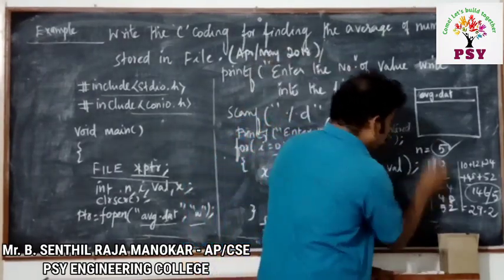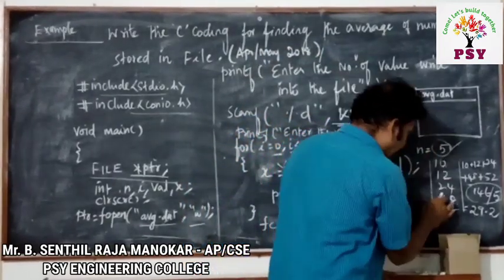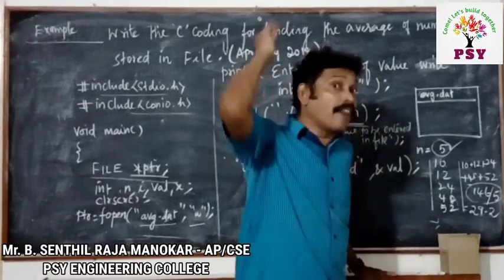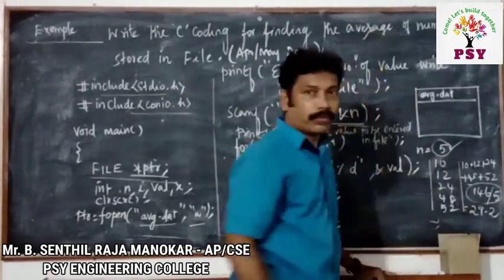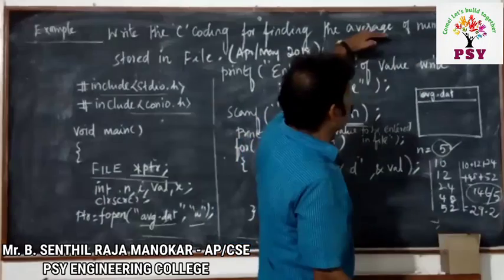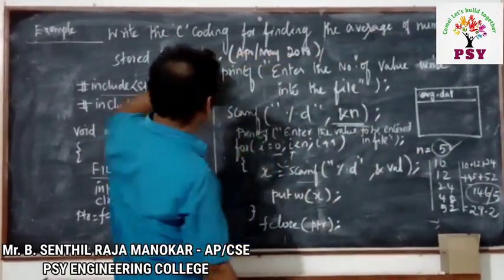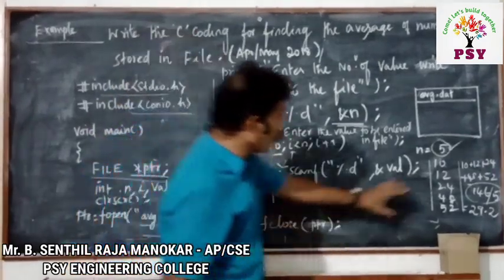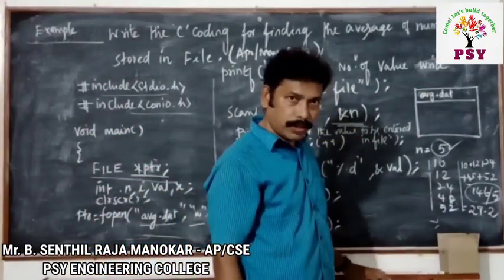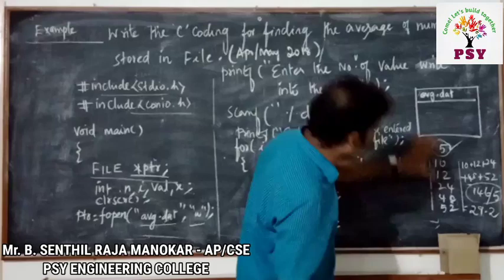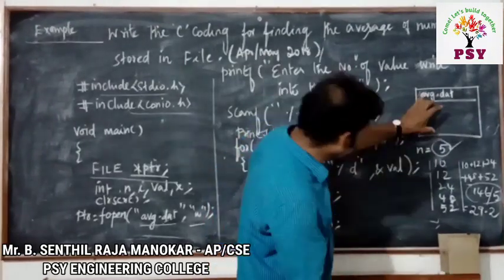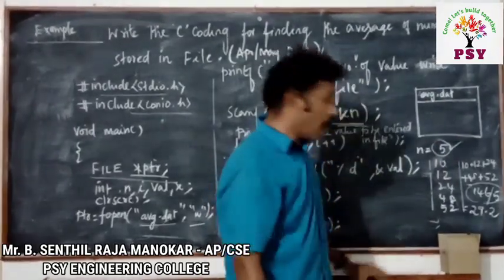So this value will be there in the file. I have to get this value for the calculation of the average. That is the problem. The average has to be calculated for the numbers which were stored in the file. So first we have to store these values, then we have to get the values for calculation.